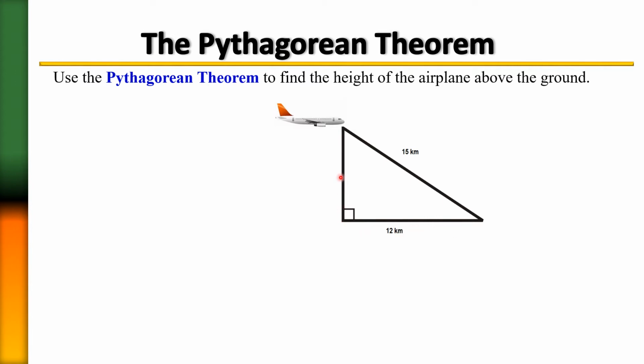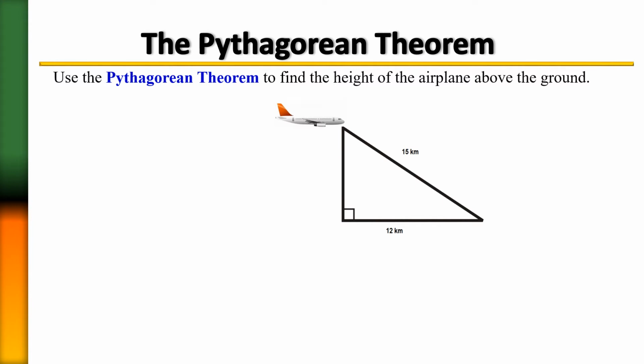Then I will call the height A. But it doesn't matter which side you let be A or B, technically, it's still the same. But what has to happen is C has to be the hypotenuse. You can't change up C with anything else. C has to be that longest side.